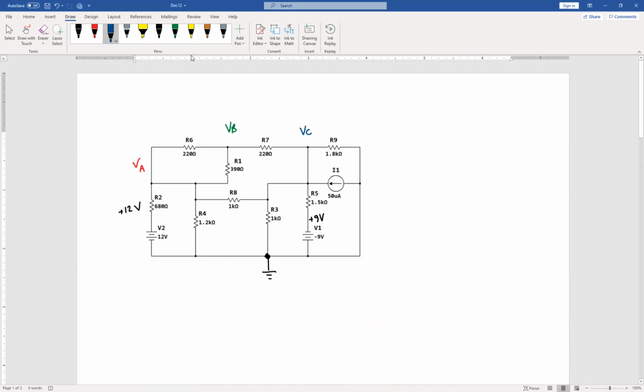Alright, now let's try to solve the third node, VC. Let's write all the current equations for this node. So this is actually going to be pretty ugly. It's going to have a current going to the left, to the right. It's going to have this current I1 coming in. If we want, we can also write that as negative I1 going out.